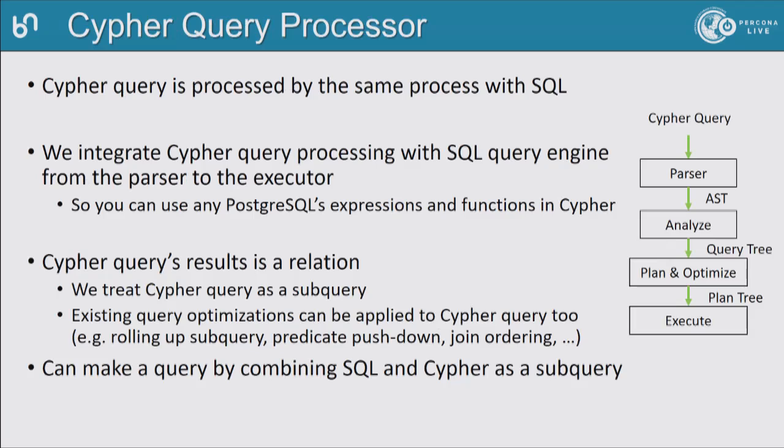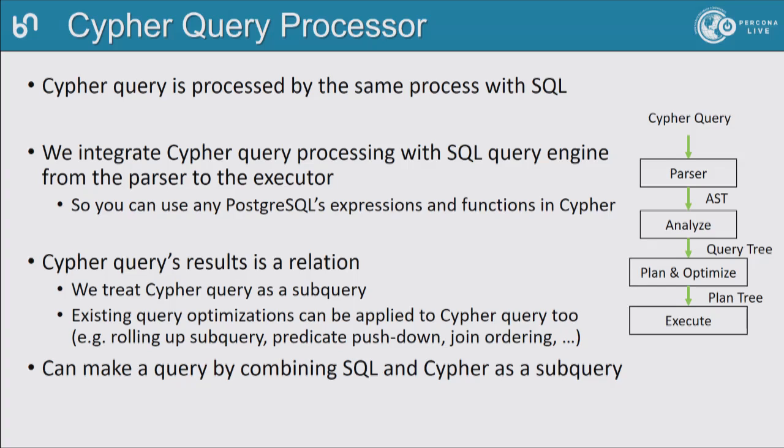And a Cypher query is processed in the same way, in the same query engine, as SQL. It is processed from parsing, analyzing, planning, and execution. We integrate Cypher query processing with the SQL engine from the parser to the execution engine. So any PostgreSQL expression or function can be used in a Cypher query where it is allowed.